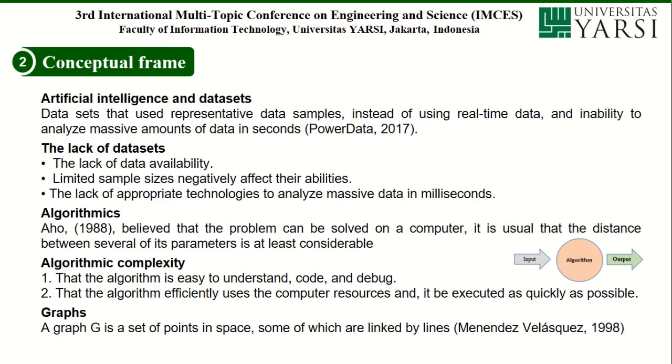In the conceptual framework, we consider artificial intelligence and data sets important, because forecasts say that in the next decade there will be approximately more than 150,000 million sensors connected to the network.